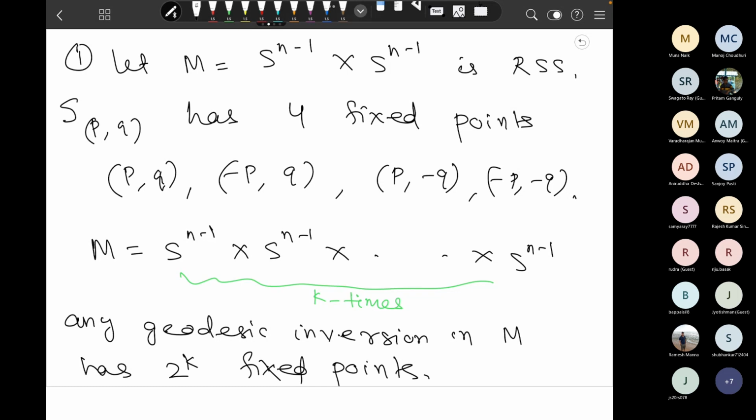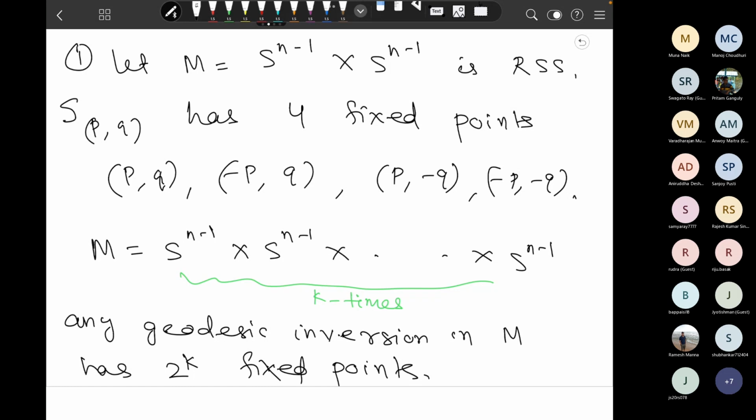Now Tapendu asked this question. This is a sphere. A sphere is a compact symmetric space. I am saying compact symmetric space means the topology is compact. So is it true that this happens only for compact symmetric spaces or also for non-compact symmetric spaces?